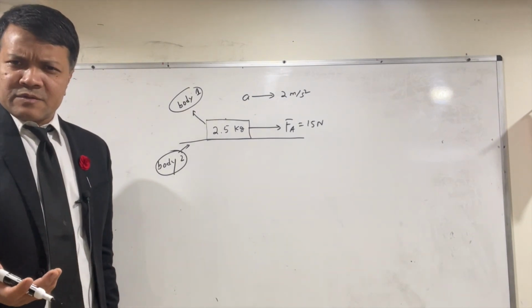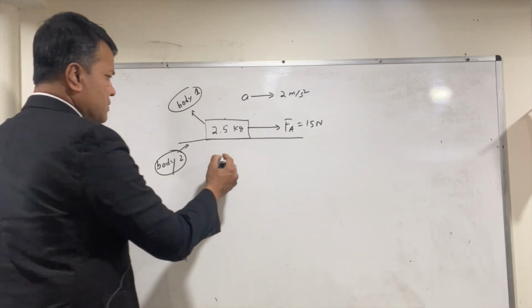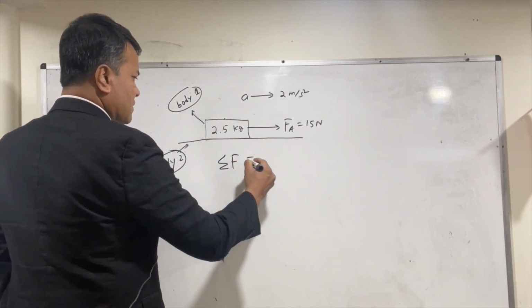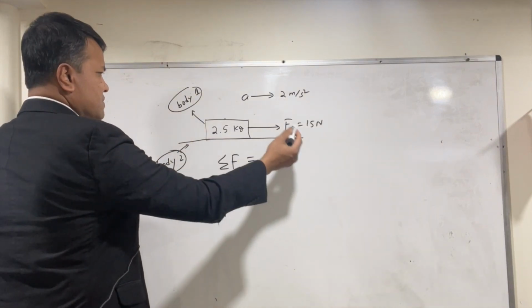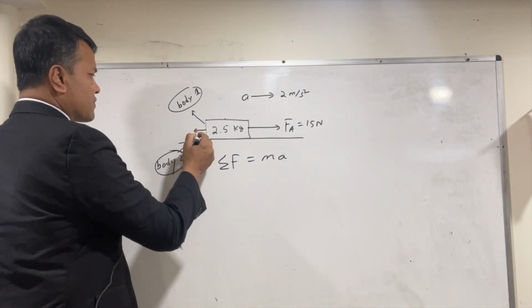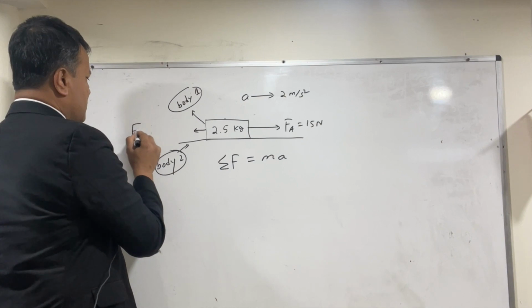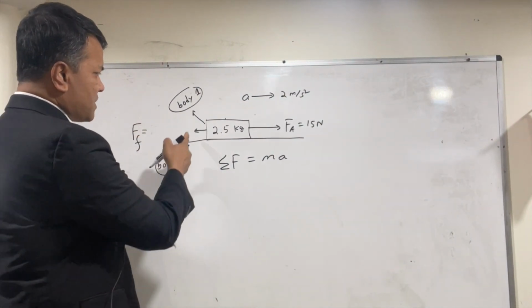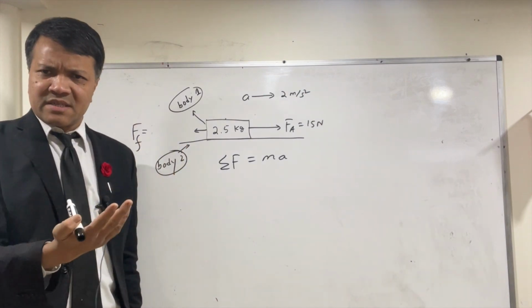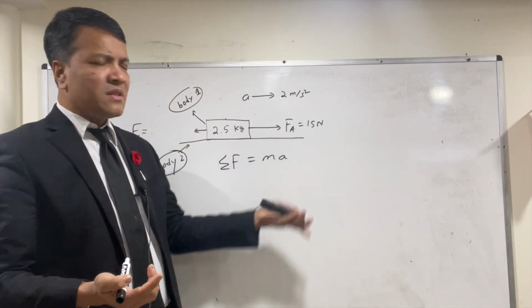Because, hey, Newton's second law. So what do you know about Newton's second law? F equal to ma. You put all the forces acting. They ask you for the force of friction, so you must write the force of friction in the opposite direction, and this arrow must be smaller because you're expecting a smaller value than 15.